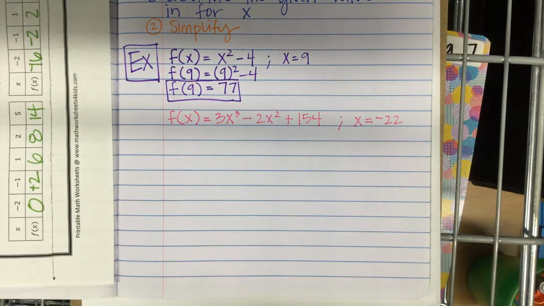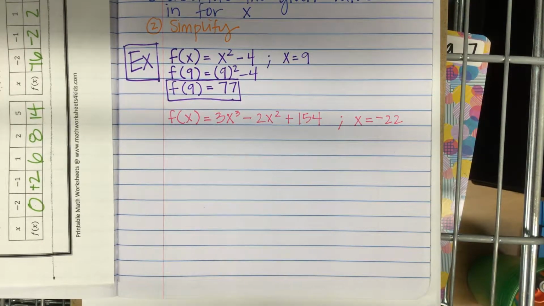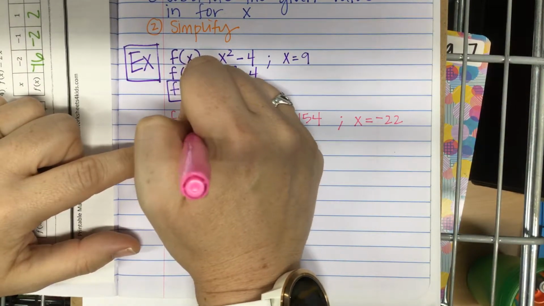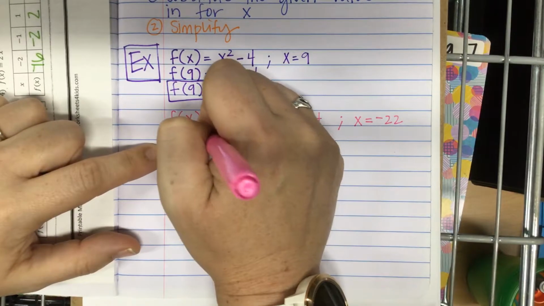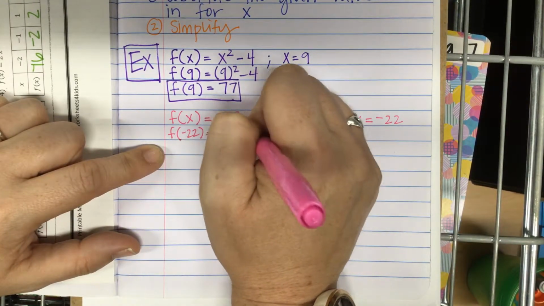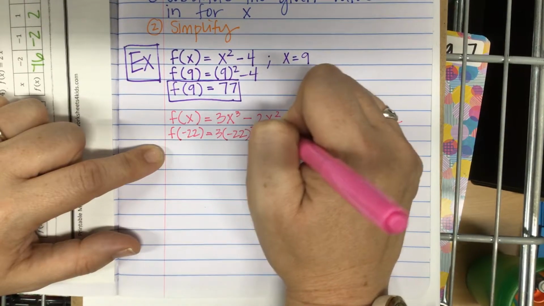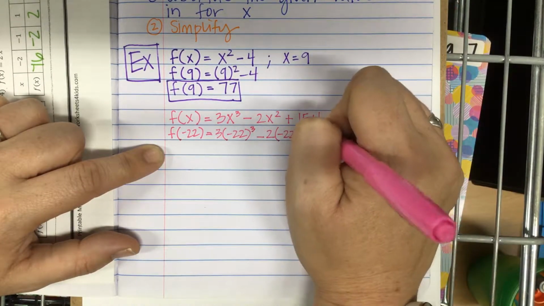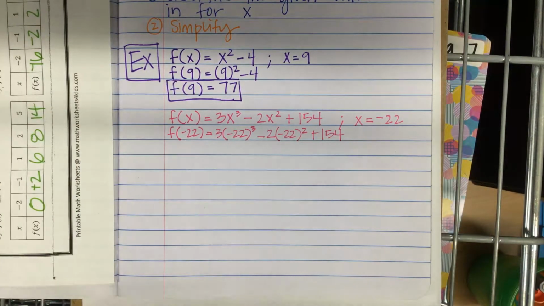My steps to solving these problems are to substitute my x value and simplify. So the function of negative 22 is 3 times negative 22 to the third minus 2 times negative 22 squared plus 154. I substitute my x value.